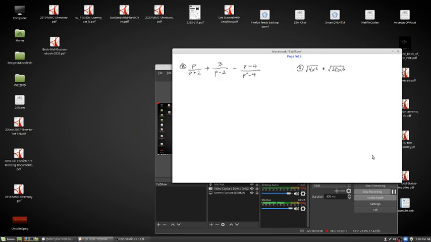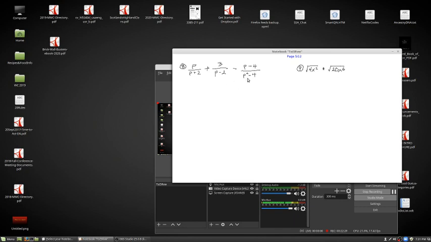All right then. For something a little more interesting, again we need to get a common denominator. Well, it turns out that p plus 2 times p minus 2 is equal to p squared minus 4.